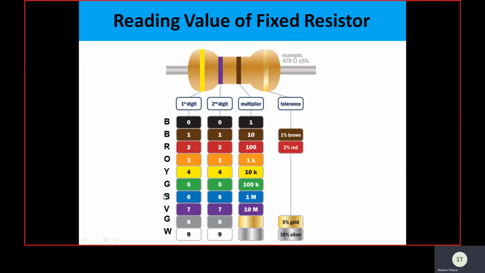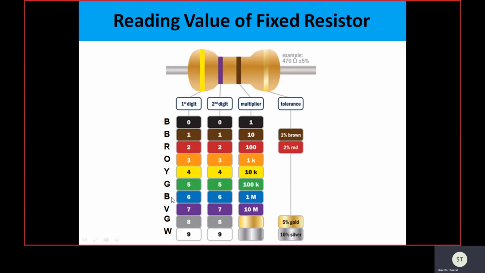With this table we can understand the first color code, corresponding to black with the digit value 0. Second is brown with the value 1. Then third is red with the value 2. Then fourth is orange with the value 3. The next one is yellow with the value 4. The next is green with the value 5.